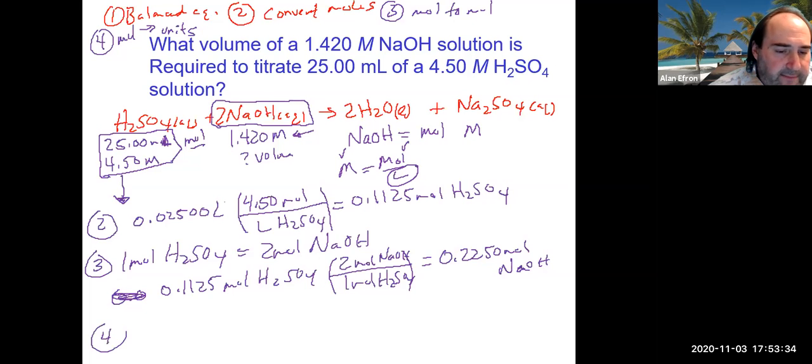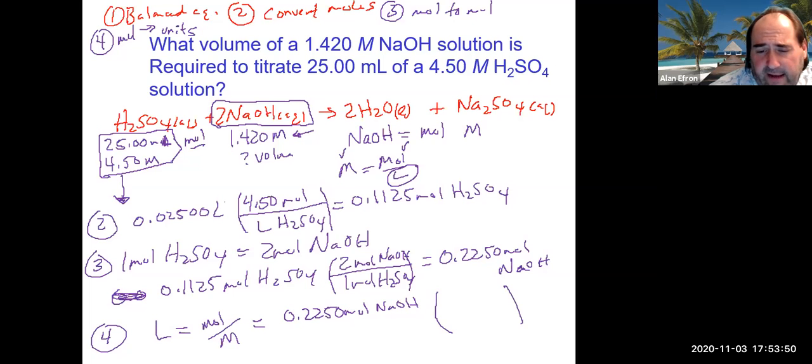In the 4th step, liters equal moles divided by molarity. We take the moles we just calculated and divide by the molarity, 1.420 moles per liter of sodium hydroxide.